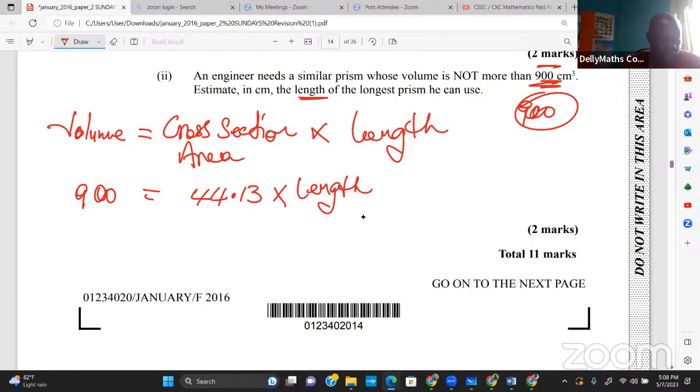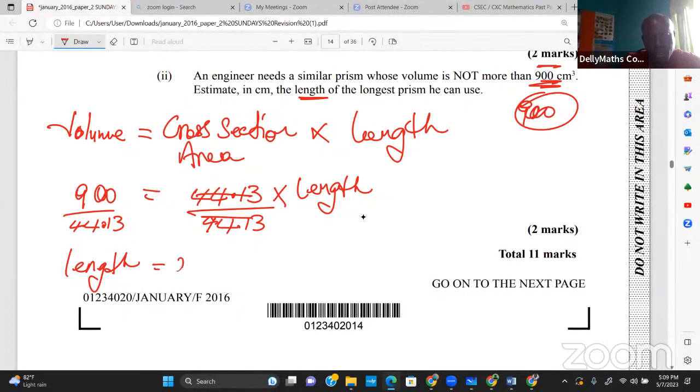So in order to find the length, I'm just going to divide by 44.13. So if I have 900 divided by 44.13, I'm going to get that the length that we could use is going to be 20.39.